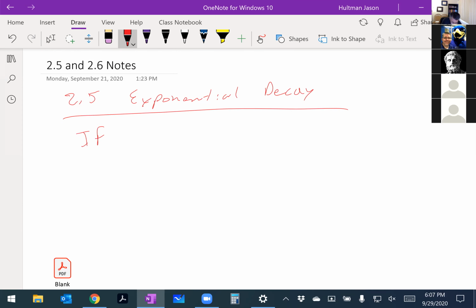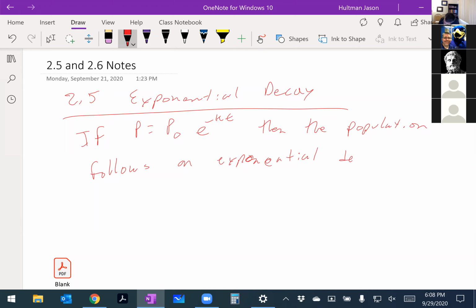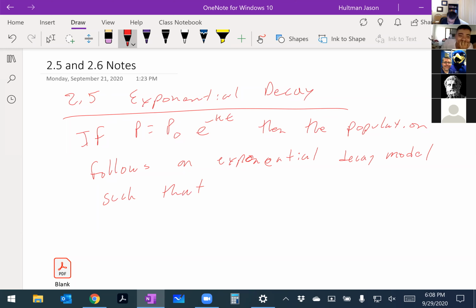Okay, if P is equal to P naught e to the negative kt, then the population follows an exponential decay model such that dP/dt is equal to negative kP.